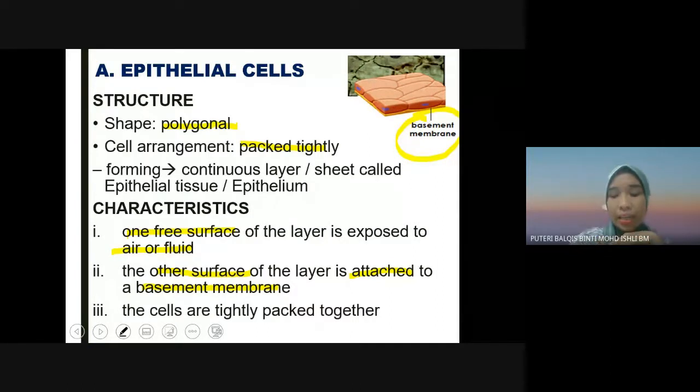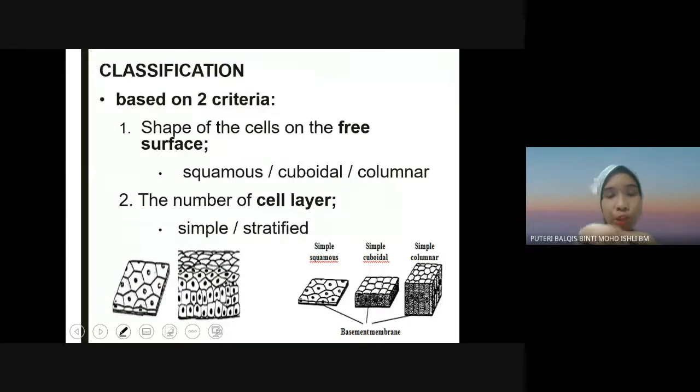Okay, and classification based on two criteria. Each shape of the cell on the free surface, kita ada squamous, cuboidal, columnar. And then the number of cell layer. Okay, epithelial cell ni banyak, besar. So kita bahagi kepada dua kriteria. Kriteria pertama, shape dia. Shape dekat free surface tu macam mana?